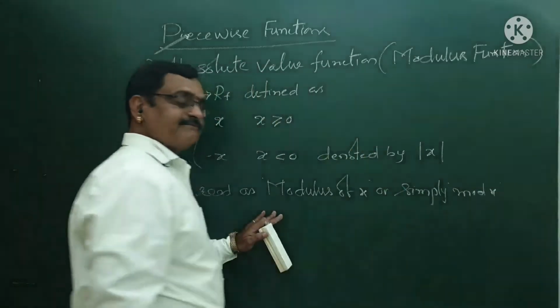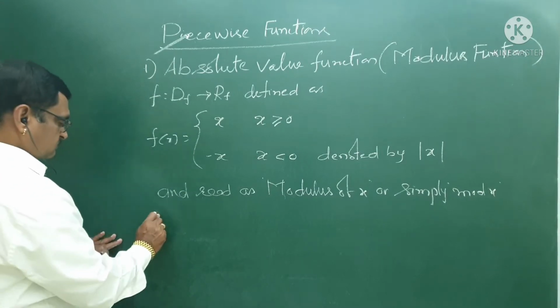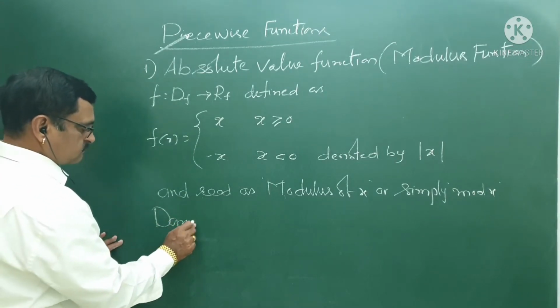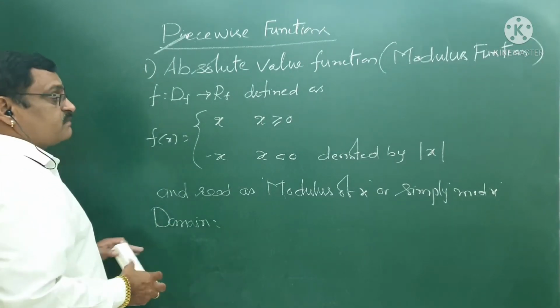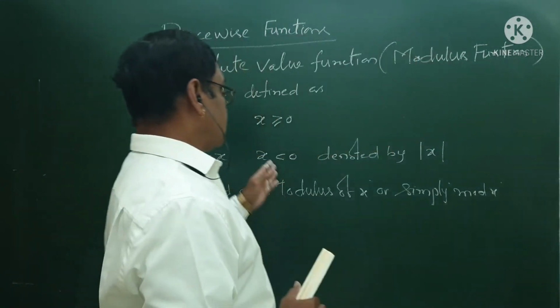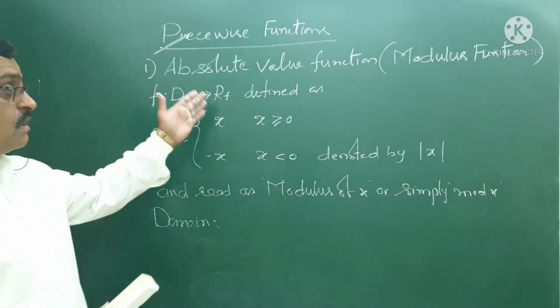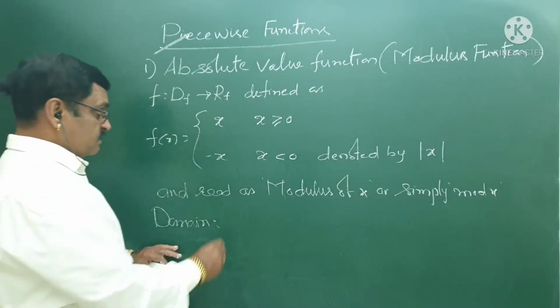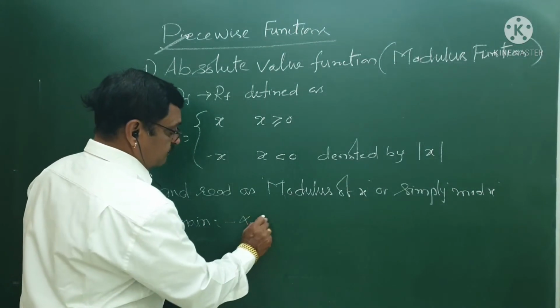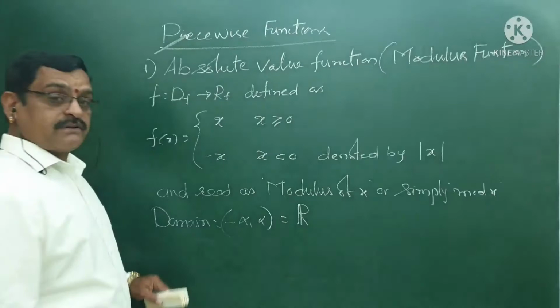That's all. Now, what is the domain? We observe x more than or equal to 0 is the entire positive real number set, and x less than 0 is the entire negative real number set. So all together it is the real number set. My domain is minus infinity to plus infinity.